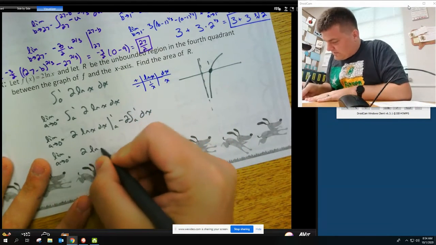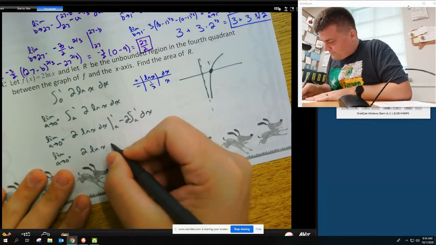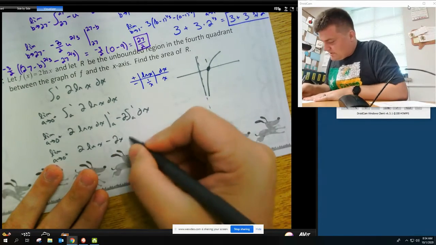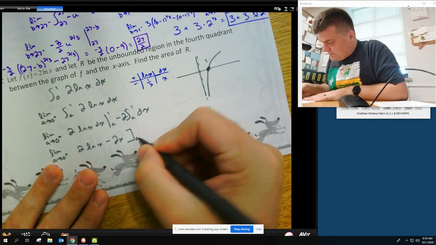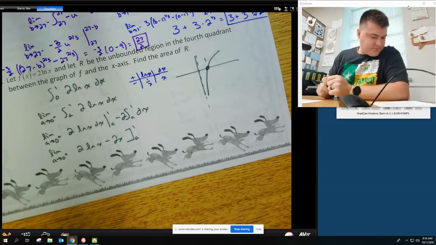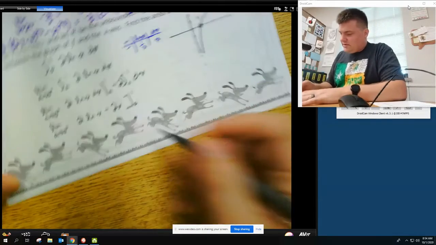So it's going to be 2 ln of x minus the antiderivative of dx, which is just going to be x. So minus 2x from a to 1. I'm just checking my work here. Make sure that I am good to go. Okay.